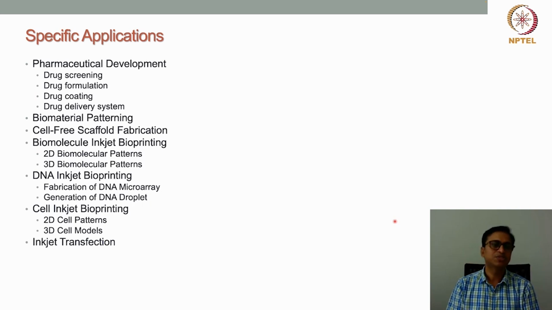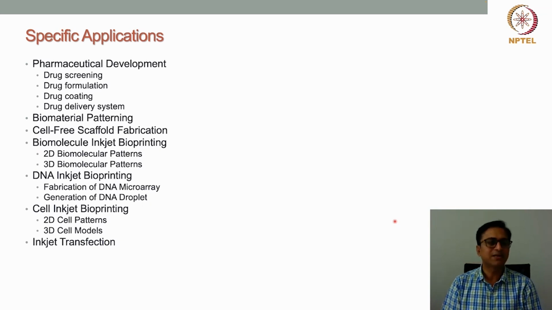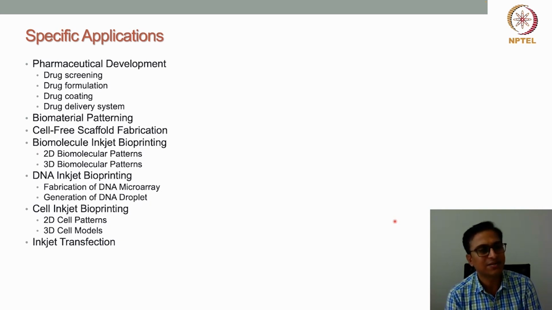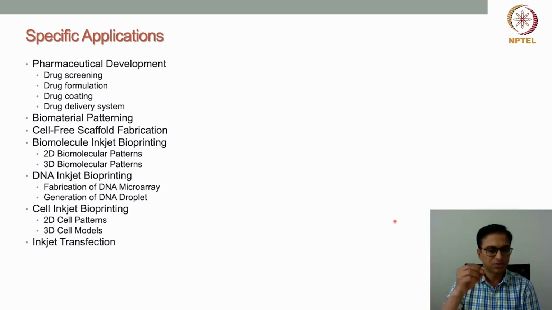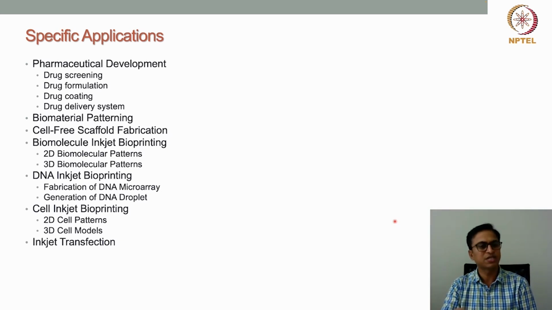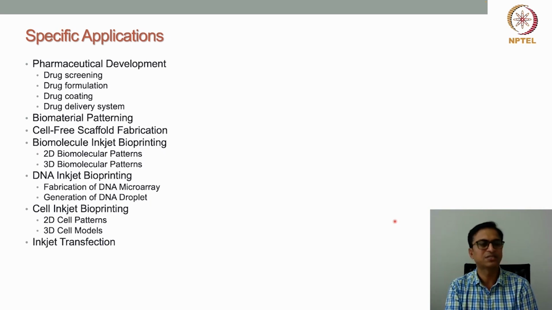Similarly, for drug formulation, suppose our interest is to make a certain drug formulation. What we can do? Suppose the active pharmaceutical ingredient, the API, that gives some pharmacological effect, can be mixed with certain excipients or some adjuvants, and then that mixture can be used in inkjet 3D printing, where the droplets are created with this technology, and those droplets will be dried up, and then we get this formulation, the drug plus excipient mixture.